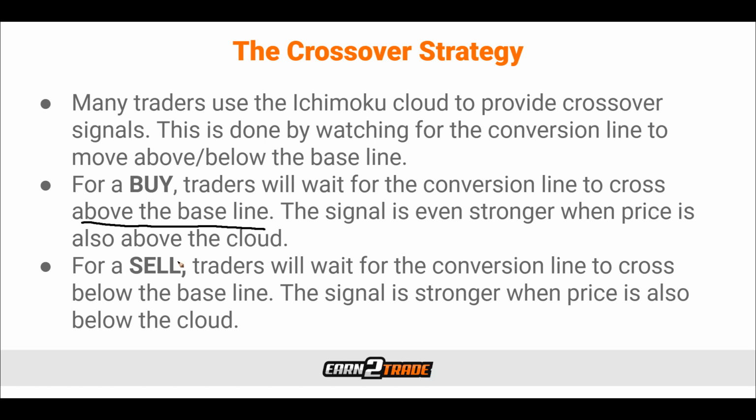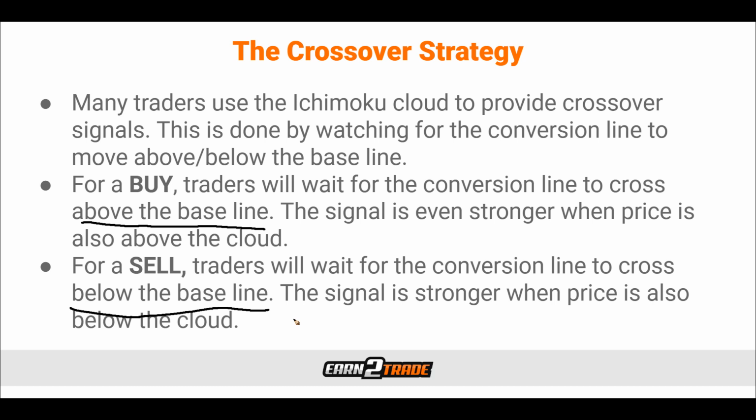So buys will be when the conversion line crosses above the baseline. Now, the signal is strengthened when price is also above the cloud. For a sell, traders will wait for the conversion line to cross below the baseline. The signal is also stronger, of course, when it is below the cloud.